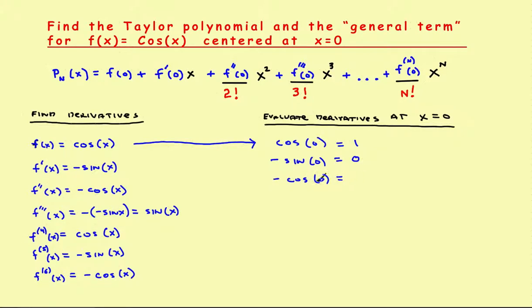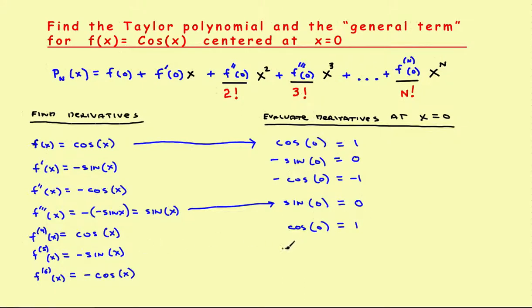Cosine of 0 is 1, so that's going to give me a negative 1. Then I've got the sine of 0. And again, I'm still just coming straight across on these like this. Sine of 0 is 0. Then I've got the cosine. So the cosine of 0 is 1.